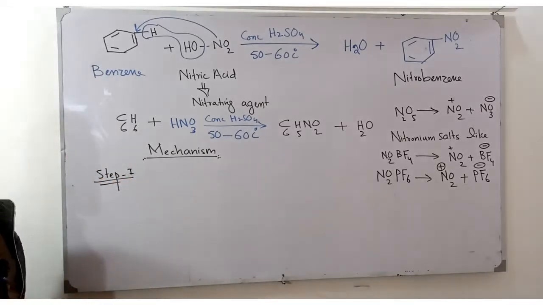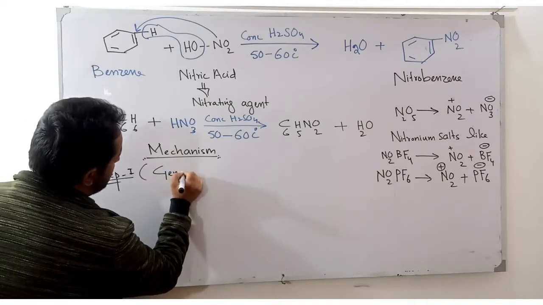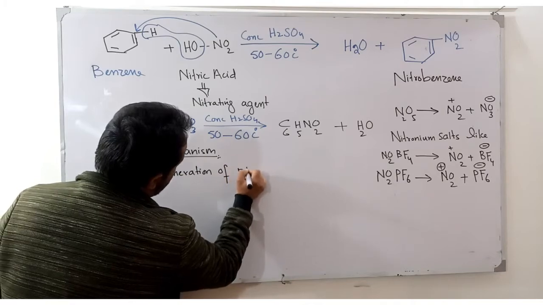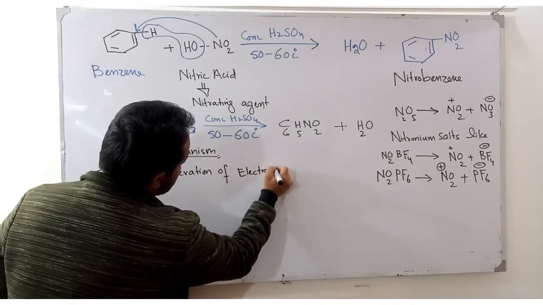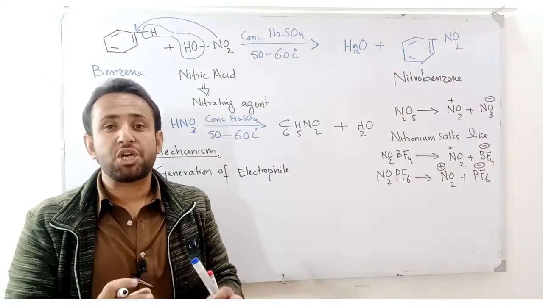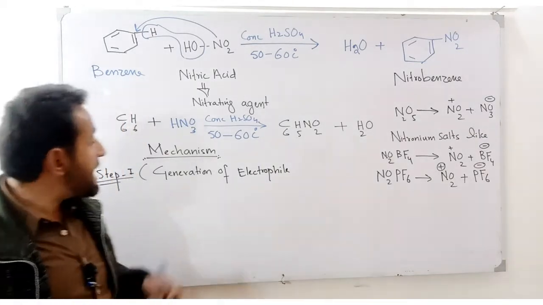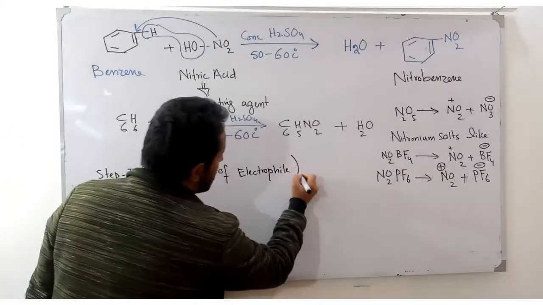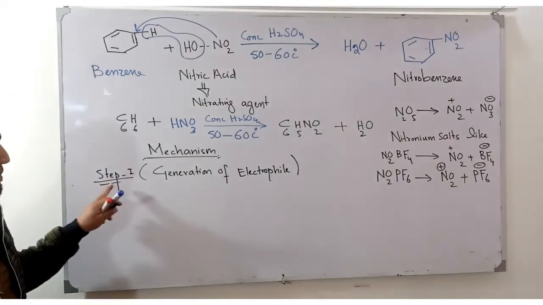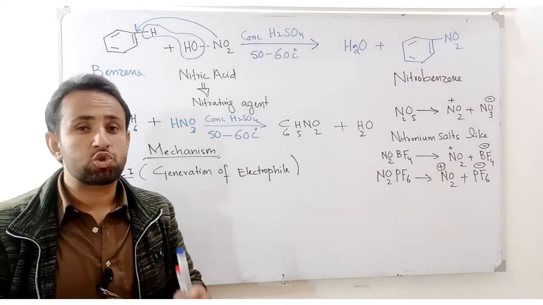Step number one is also known as generation of electrophile. What does generation mean? Generation means formation, production. So here we will form an electrophile. Since the electrophile is formed in the first step, step one is known as generation of electrophile.